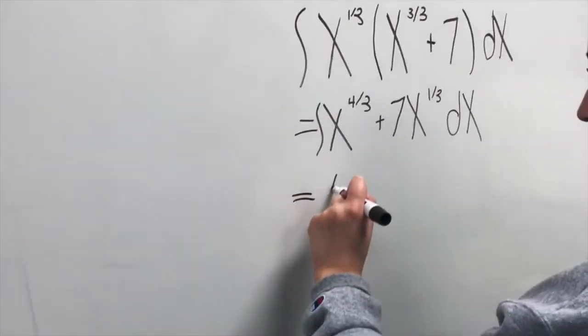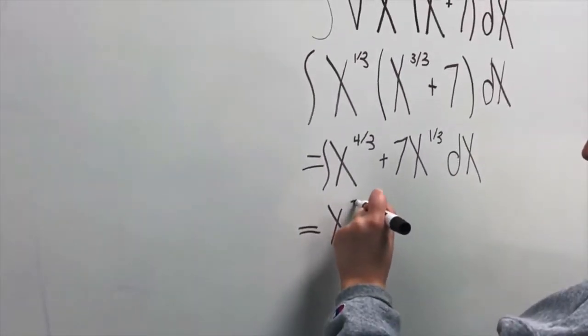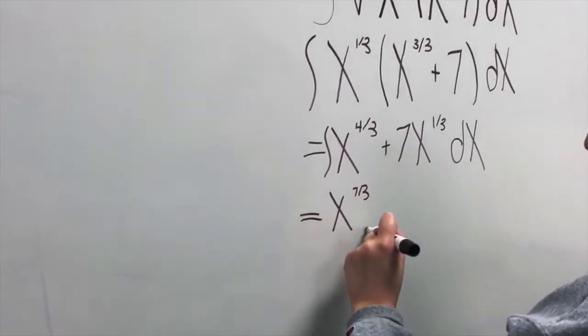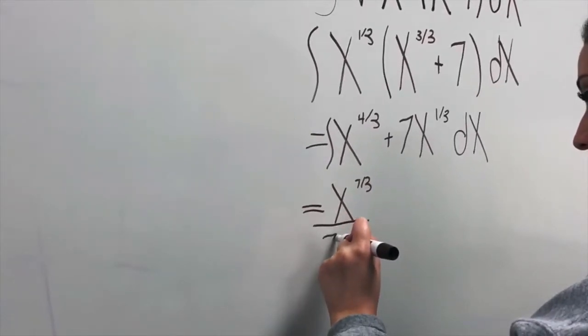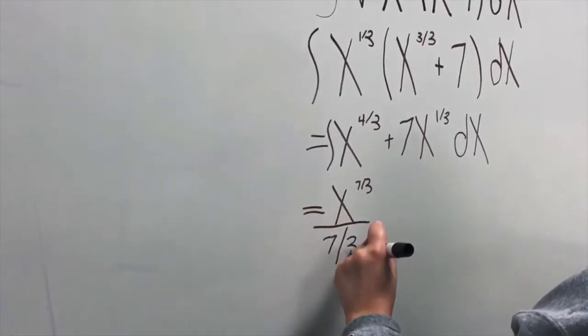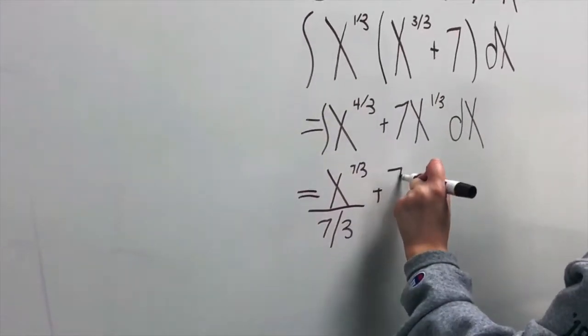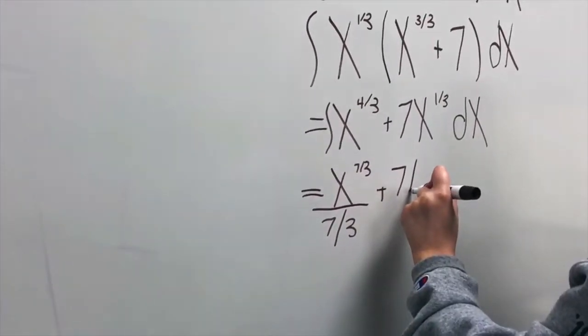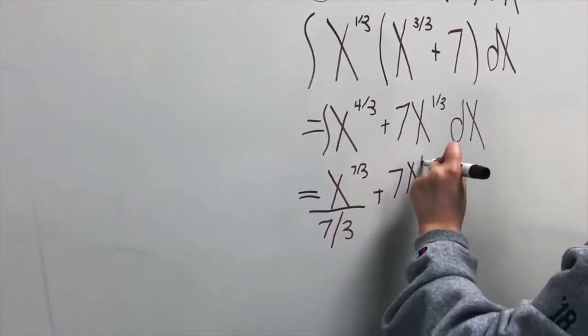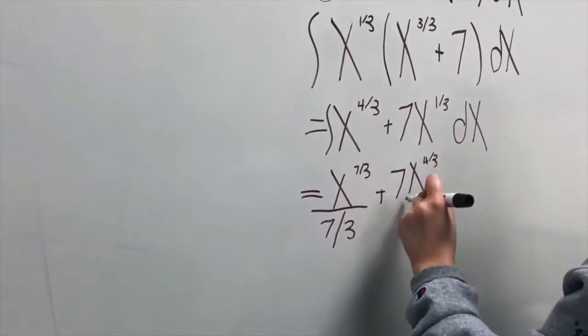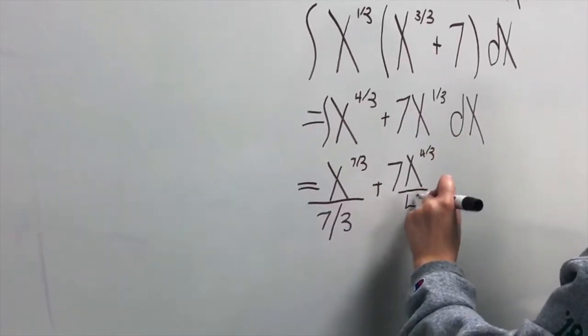So we increase the power by 1 to get x to the 7/3 power over 7/3 plus 7x to the 4/3 power divided by 4/3 plus c.